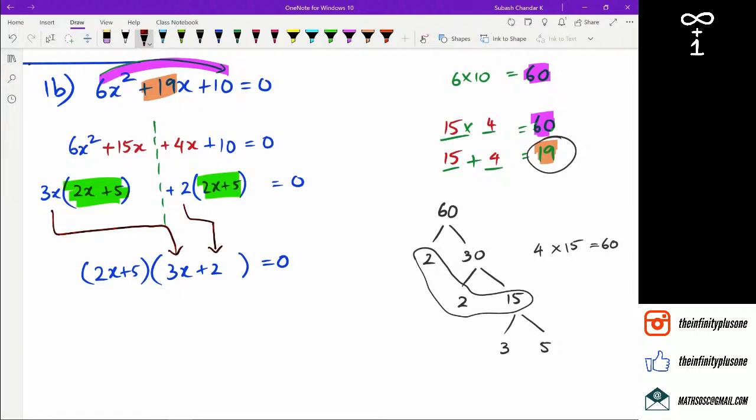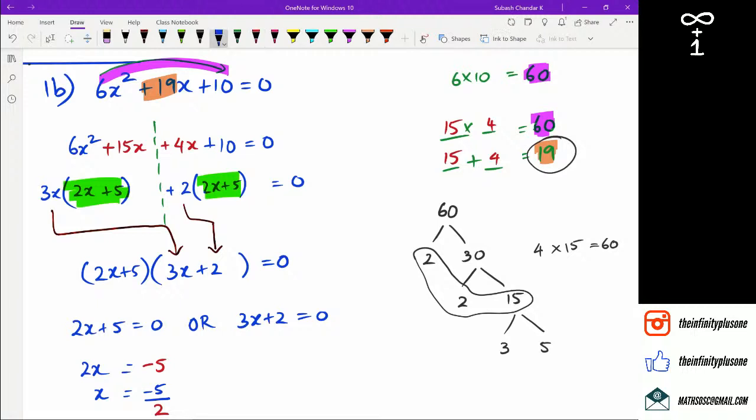Once we have those two brackets, we can say that each of those brackets is equal to 0. So 2x plus 5 equals 0, or 3x plus 2 equals 0. Rearranging, we've got 2x equals minus 5, because when positive 5 is shifted over to the right hand side it becomes minus, and then x is equal to negative 5 divided by 2.